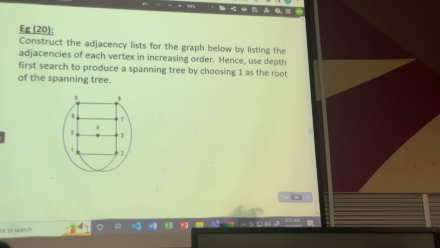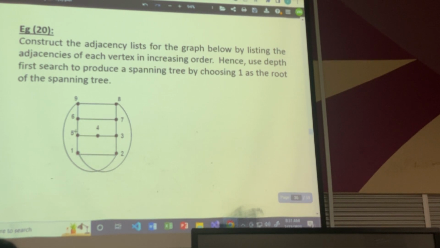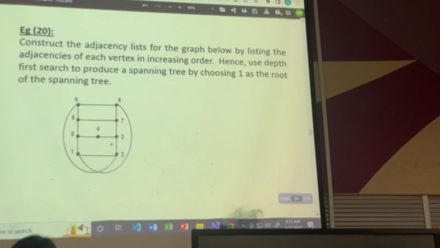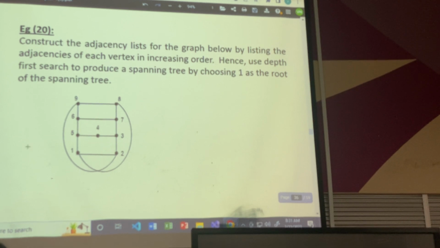Okay, list out one by one each vertex in increasing order, meaning that if you have 2 connected to 1, 5 connected to 1, and also 8 connected to 1, we put this in increasing order, meaning we put 2 first, followed by 5, followed by 8. So don't put 8 first and then 2 and then 5.